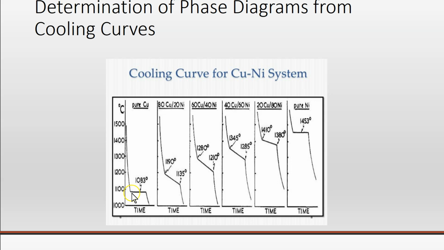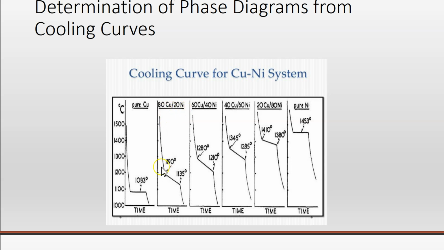For pure copper, we will get a thermal arrest that starts at a certain temperature and ends at the same temperature. In the case of a pure material, you see the same thing over here. In some cases, in what are called congruent transformations, you can also get the same flat part of the thermal arrest curve, even though it's not a pure material.